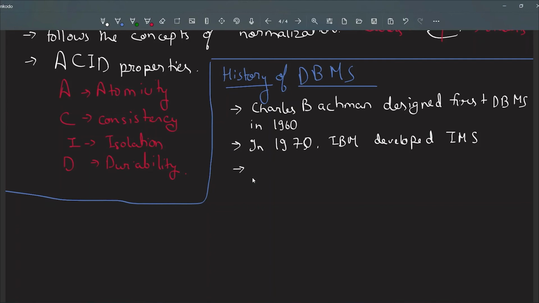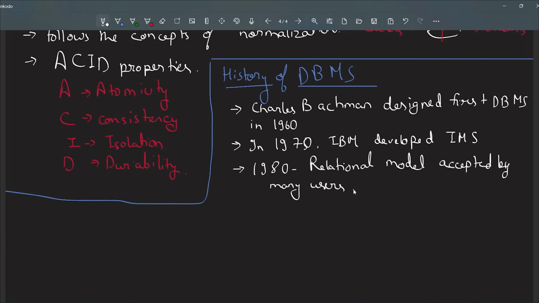At that time the relational model was in use by many people in the market. After that, IBM developed the structured query language as a part of the R project, and IBM declared it a standard language for writing queries to manage data operations. Further, different kinds of databases were introduced, for example object-oriented database management systems.